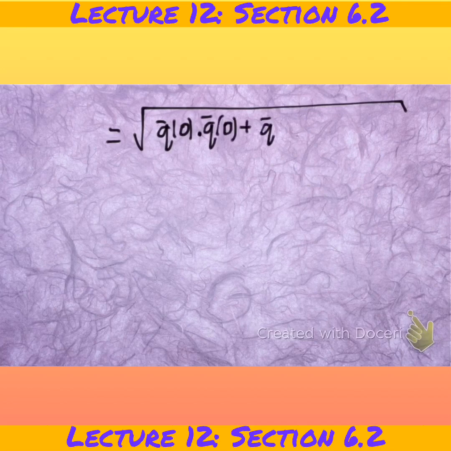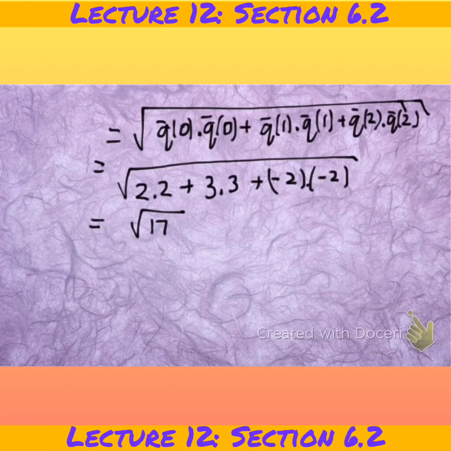Then you evaluate Q at the point 1 and multiply that with Q at the point 1. And then you evaluate Q at the point 2 and multiply that with Q at the point 2. Throwing all that together, we get our result for the norm of Q.